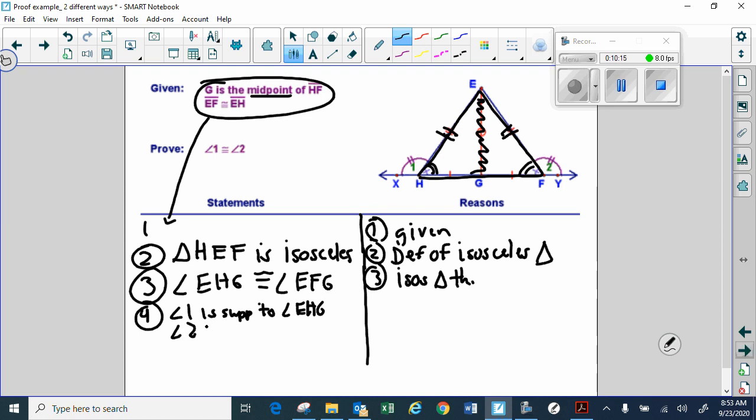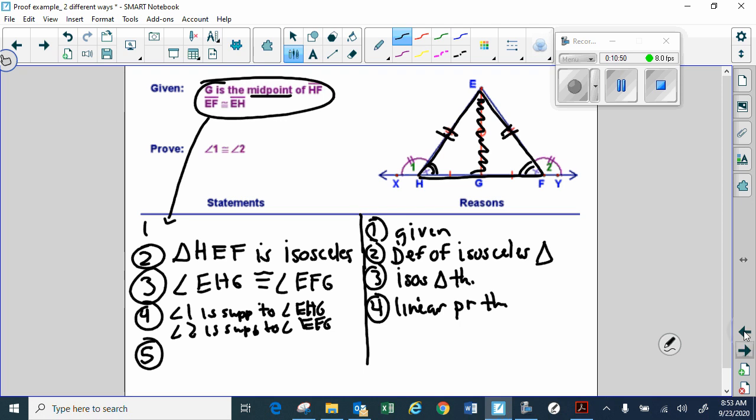Angle 2 is supplementary to angle EFG, and that's linear pair theorem. Right? They form a linear pair. Okay, linear pairs are supplementary. And lastly, now I can go ahead and use his final step as well, or hers. I don't know who the person is.